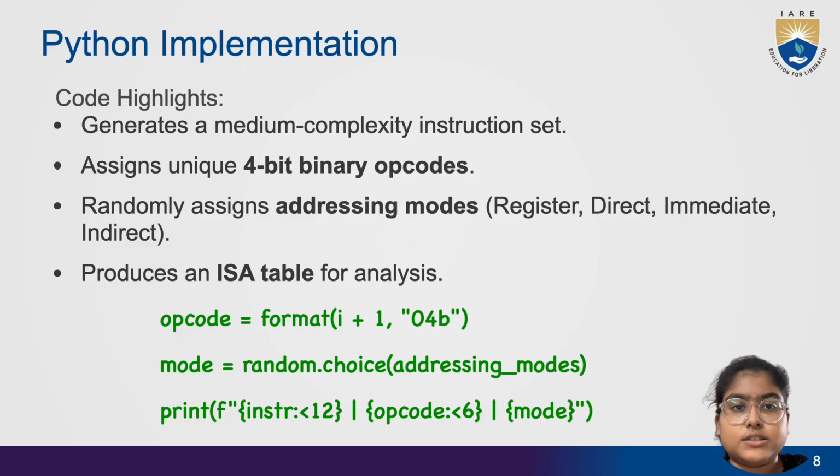Each instruction gets a 4-bit opcode and a random addressing mode such as register, immediate, direct, or indirect, which we'll look into in the next slide. The script then generates a format table displaying the instruction, its opcode, addressing mode, and a short description. For example, add might be registered as opcode 0001 with register mode. This makes it possible to automatically generate different ISA sets every time the code runs, giving endless combinations for case studies.